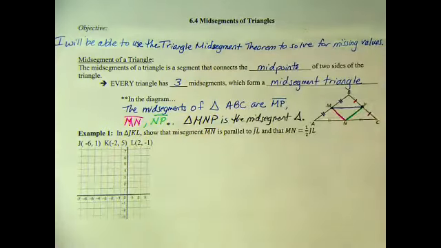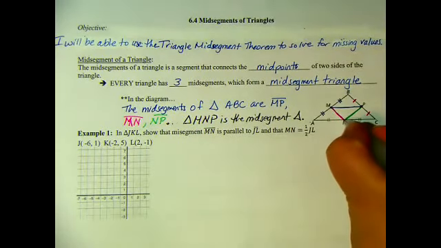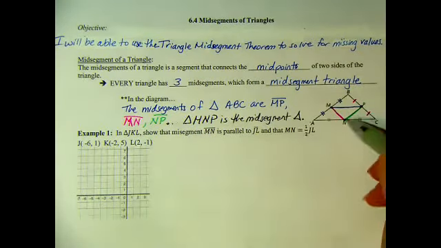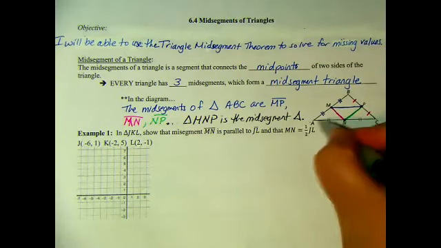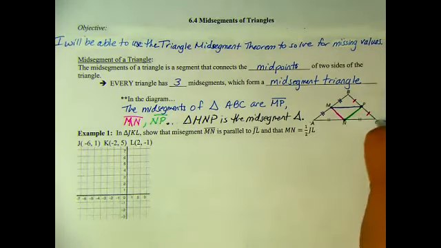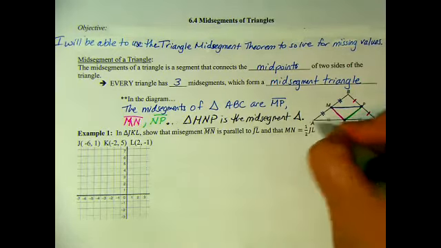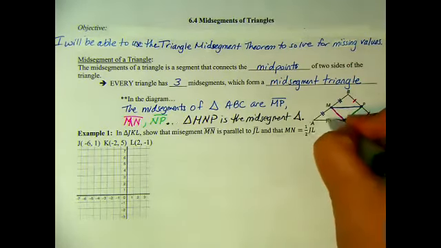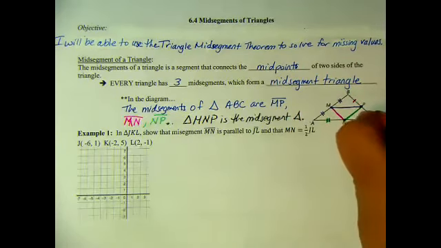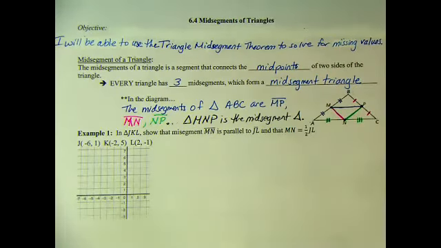Similarly, if NP and MN are both mid-segments, that means N is the midpoint of side AC. So N is cutting side AC into 2 equal parts, which means AN and NC are congruent to each other.